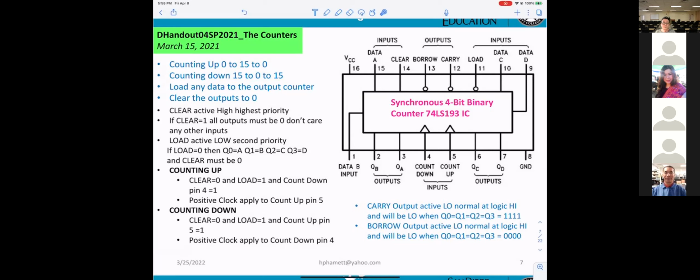Now if you're looking here in the schema, in the pin layout, clear is what pin number? Right here, 14. See what happened. If clear is at logic 1, then the outputs QA, QB, QC, QD must be 0.